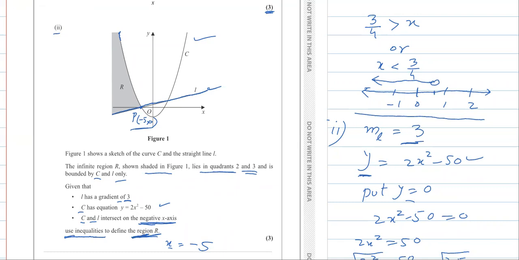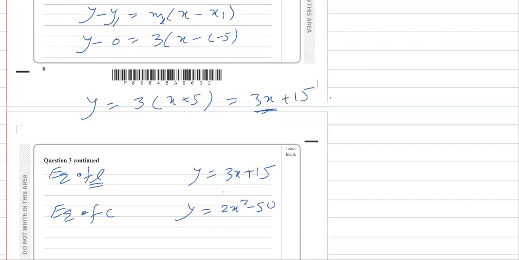So for making these correct inequalities, if you look at this one, this solution region is clearly above this one, yes? So it means you can say here that this inequality will be y is greater than or equal to 3x plus 15.